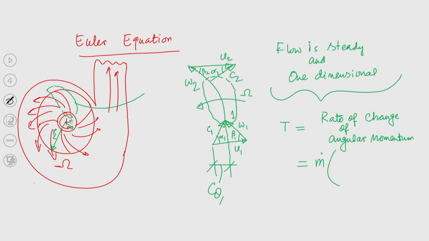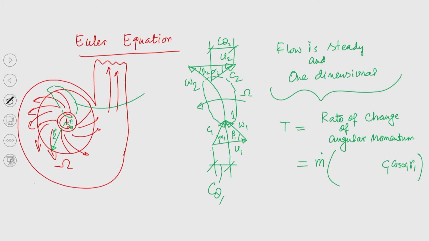And this is c theta 2. Now, the component of absolute velocity in the tangential direction is nothing but c 1 cos alpha 1, and r 1 will be there, because this is the radius, as ultimately we need to take the moment of force, that is torque.